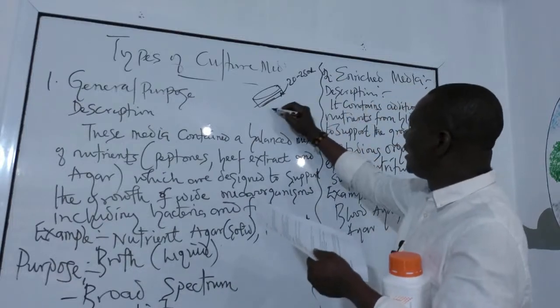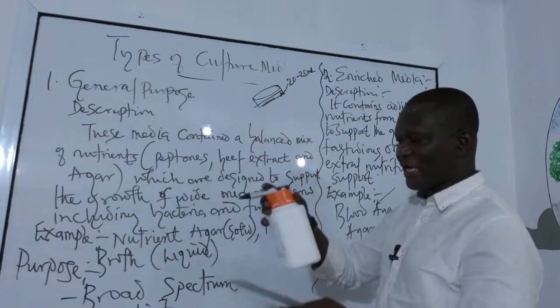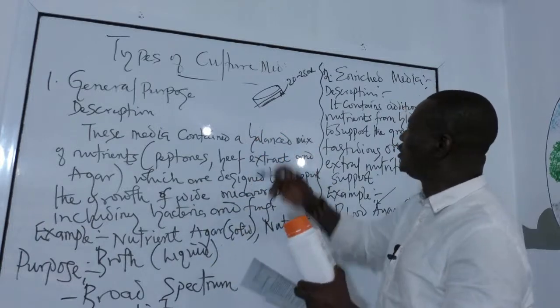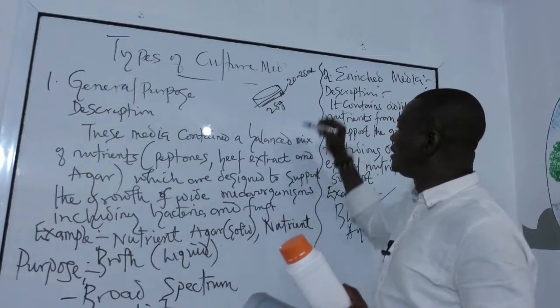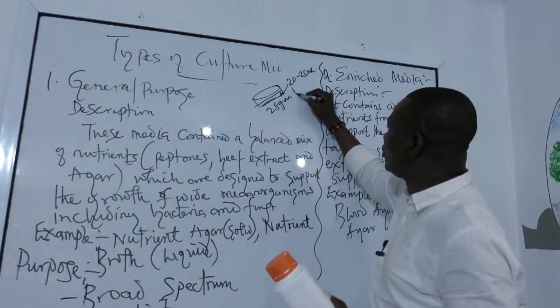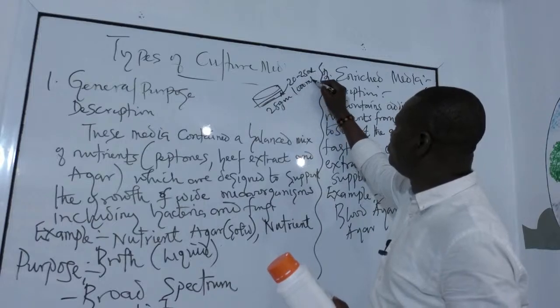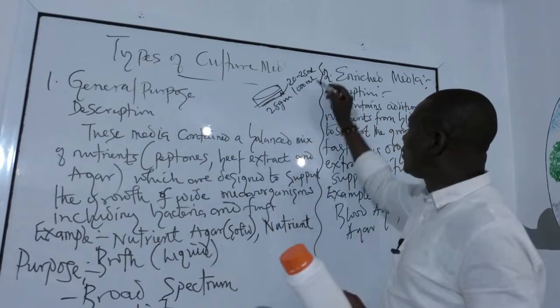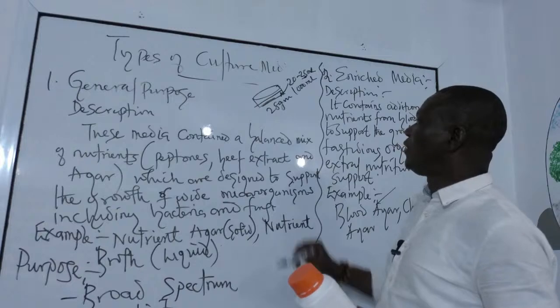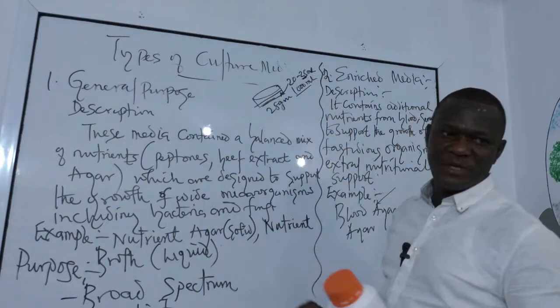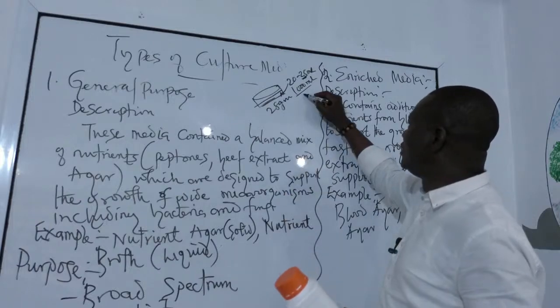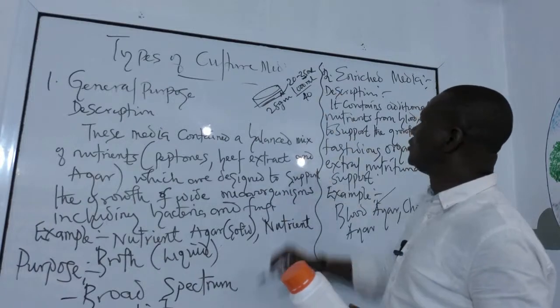That means, because the instruction here is that you dissolve 28 gram in 1000 milliliters, if you are going for the maximum of 25 ml, how many 25 will you see from here? You are going to need 40.